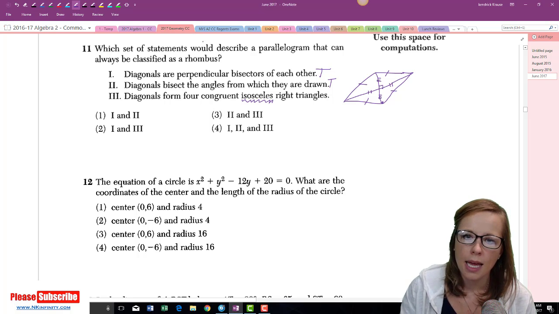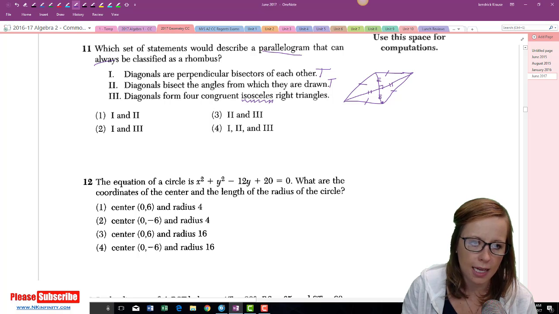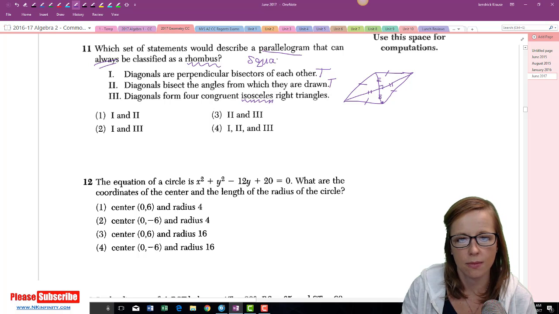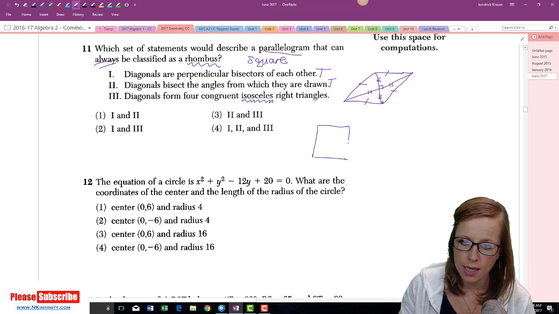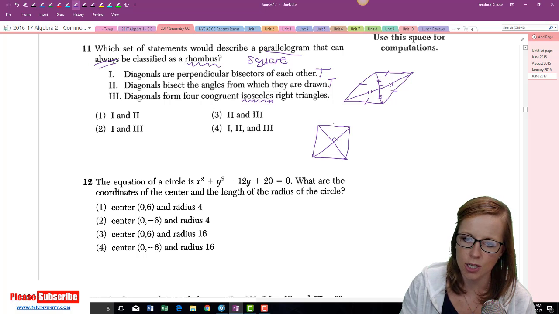But a parallelogram that can always be classified as a rhombus, in particular, is the square. And in a square, I know this is mean, like I said, if you draw the diagonals, we know the diagonals are congruent and they bisect each other.